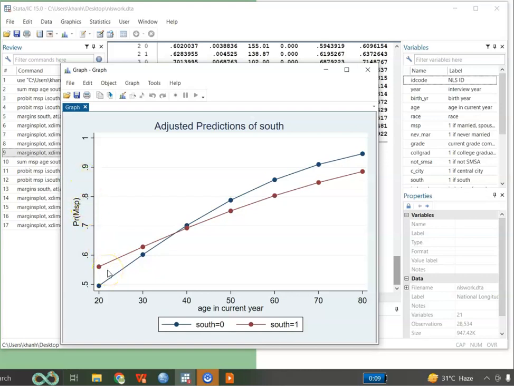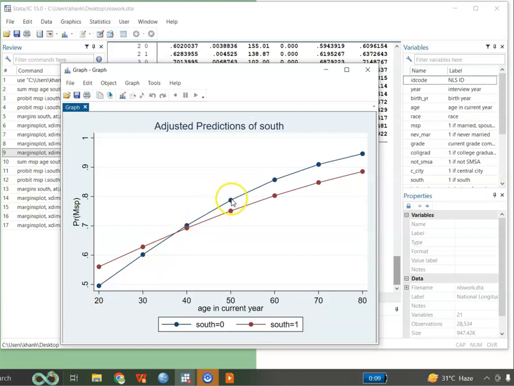Now I want to explain this. This is the marginal predicted probability of someone being married and living with spouse, given that a person is living in the south of the country and is at age 20. This is the marginal predicted probability of someone being married and living with spouse, given that he is not living in the south and he is at age 20.